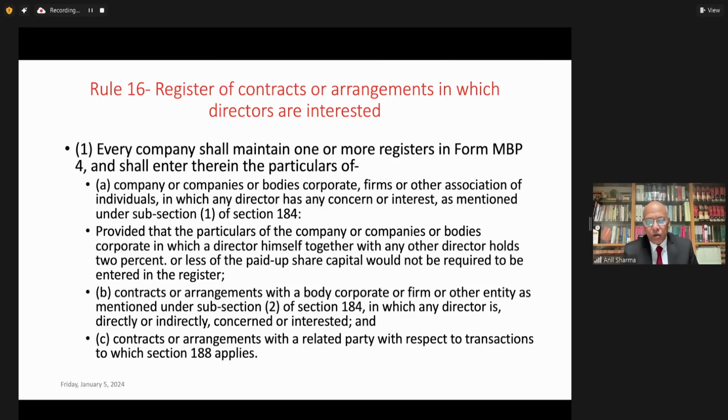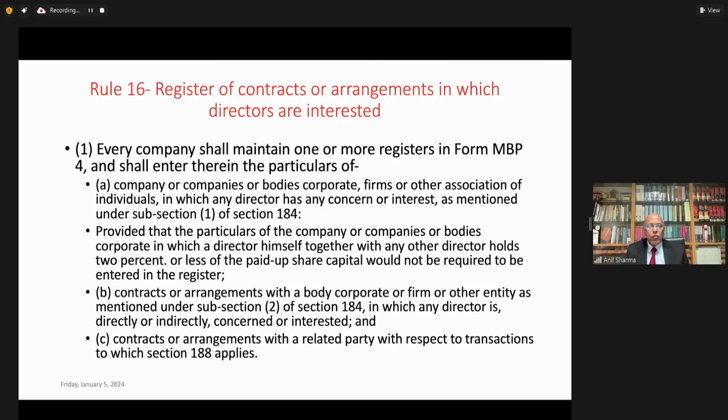Similarly, if you look at the content of this register, there are virtually two parts in it. One is the information of related parties. So whatever the director has declared would appear there, that I am interested in this, these entities or these are my relatives and all that.